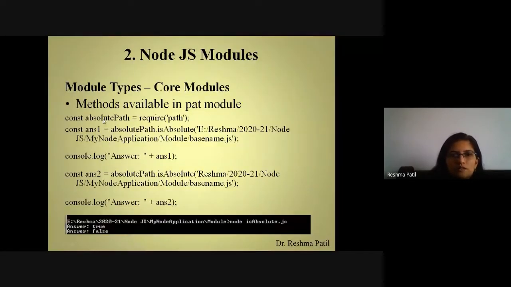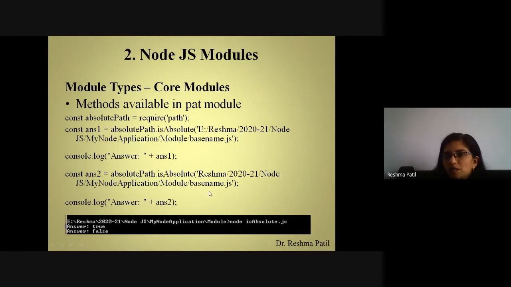Check here, the first line is the same. In the second line I have used the is absolute method. In brackets I have passed the path name. This is a complete path available in my E drive. Then in the second, if you want to check a false answer, I have not given the drive.